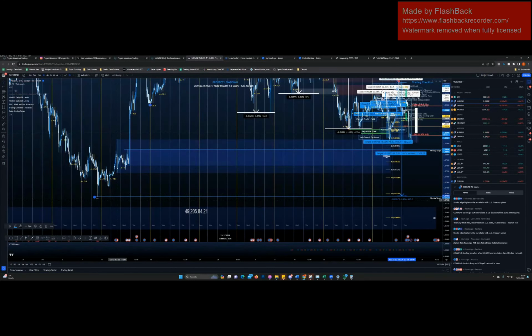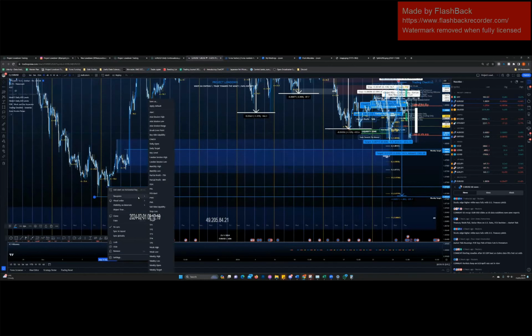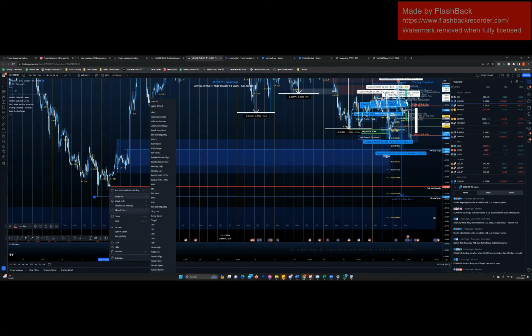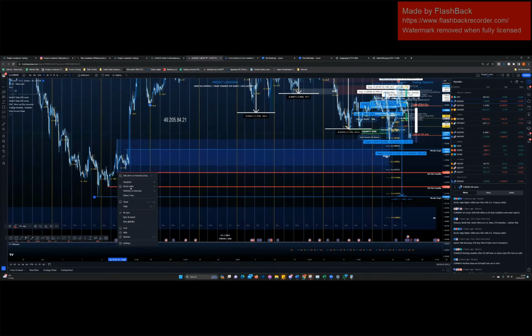and go for a previous week's low like this, or this previous week's low that hasn't got taken, because we know for a fact there's liquidity beneath here. There's liquidity here, we know there's liquidity here, and so on.